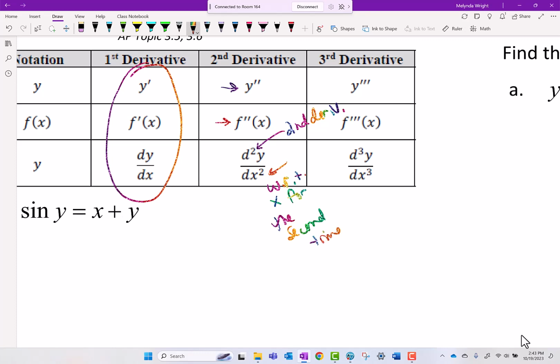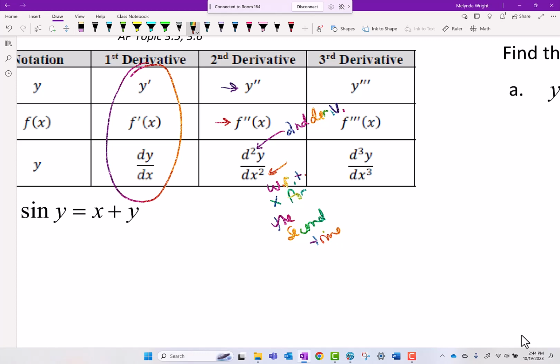So that's why those twos are where they are. The top two, the one in the numerator, is by the d because it's declaring this is the second derivative. And the bottom two is by the x because it's also declaring it's with respect to x for the second time. Does that make sense? That tends to be confusing.